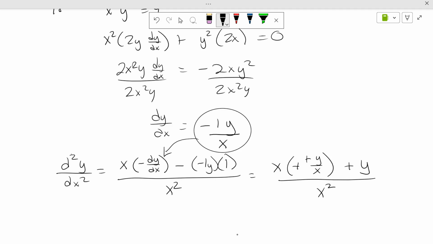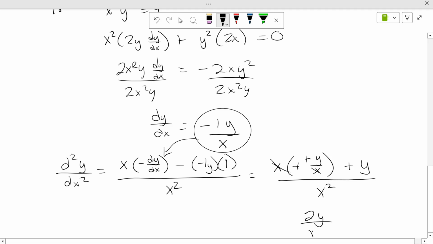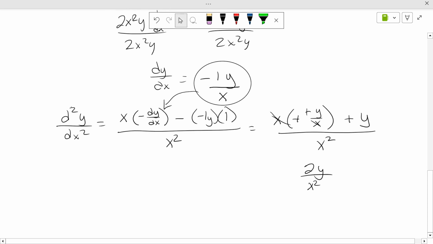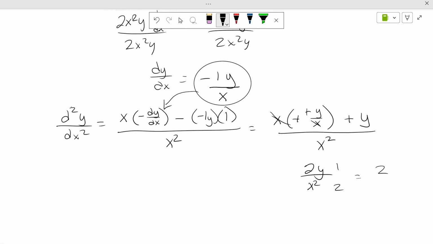Well, this is all multiplication here, so these cancel. So it's 2y, because it's y plus y, over x squared. Now you plug in 2, 1. You plug in a 1 on the top, a 2 on the bottom. You get 2/4, which is 1/2, which is choice B, which is the answer.